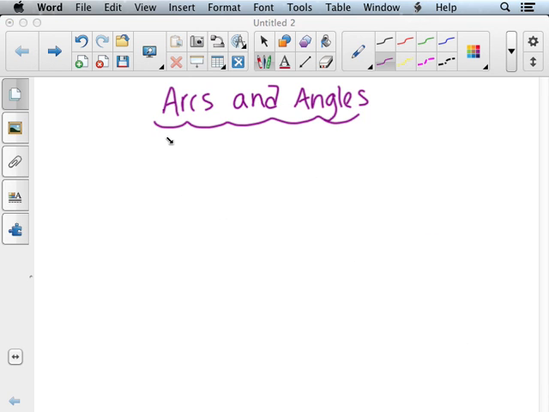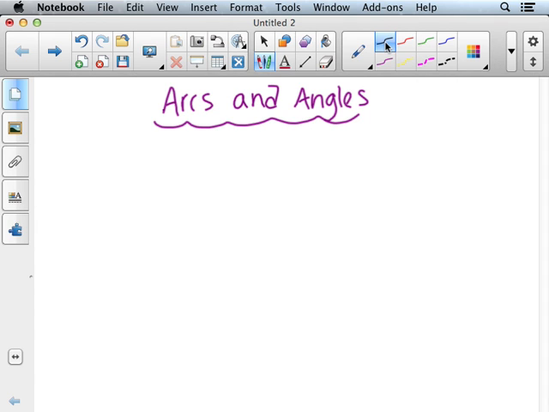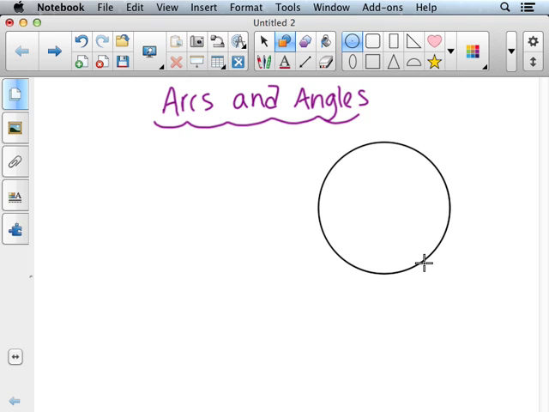So first, vocabulary. What is an arc? So if I have a circle, here's my circle, and I have the center of my circle. All right, here's a central angle.